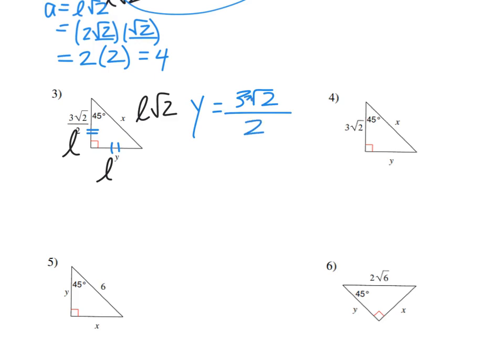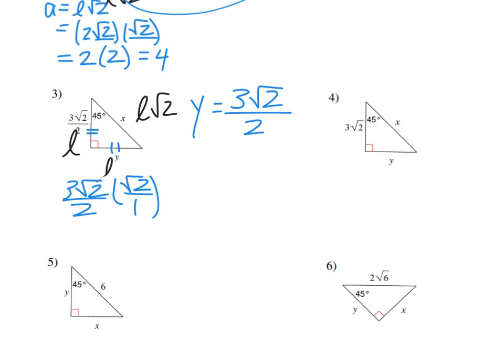Okay, now in order to find my other value, which is my hypotenuse, I have the leg. I need to take my leg and multiply it by root 2. So I need to take 3 root 2 over 2. Let me give myself a little bit more room here. I need to take 3 root 2 over 2 and multiply it by root 2.